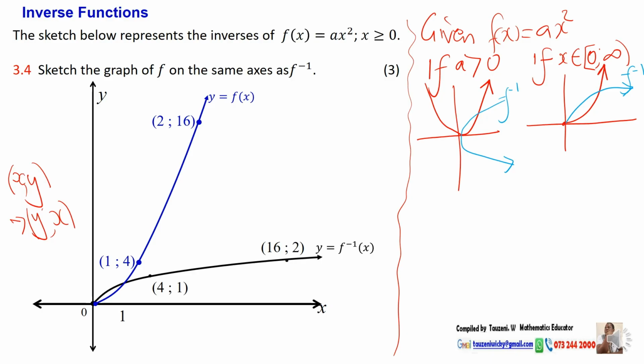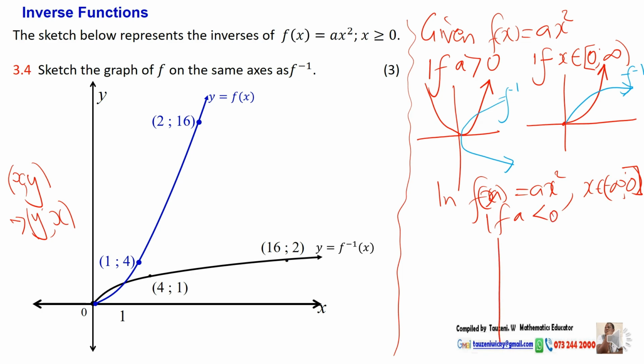If the domain is limited, that is in f of x is equal to ax squared, then x is from negative infinity up to 0. Should we get something like this? And if a is negative, then our graph will be on the negative side.